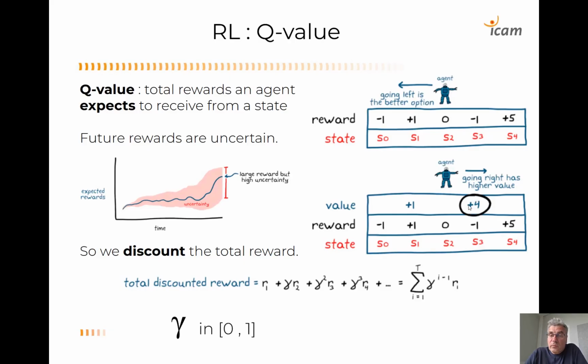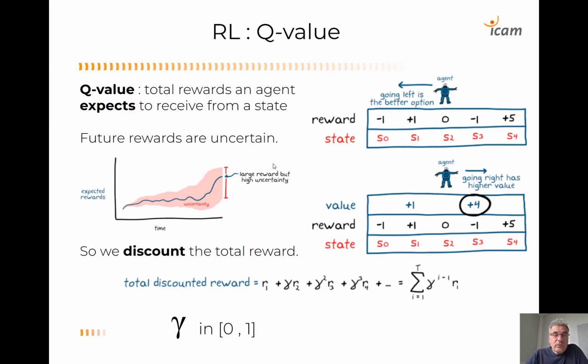So +4 is the Q value of the action go to the right, being in the state S2. We will see on the next slide that this Q value will help us decide which action is the best one for an agent to choose.